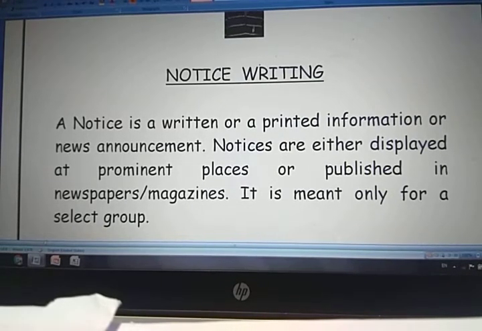And that too may be for a particular class also. It will be specified only for plus 2 students or only for the students from class 9th to class 12, like that. These notices are meant only for a selected group.